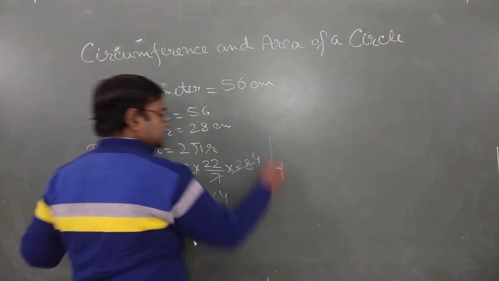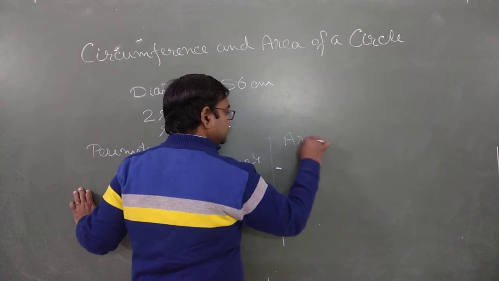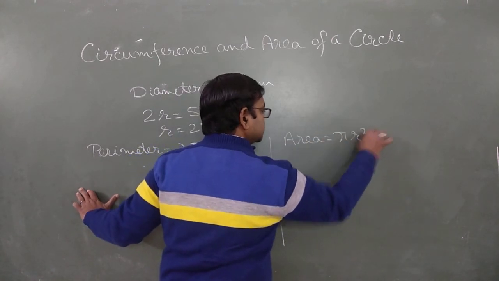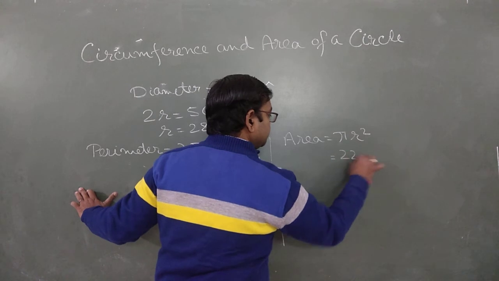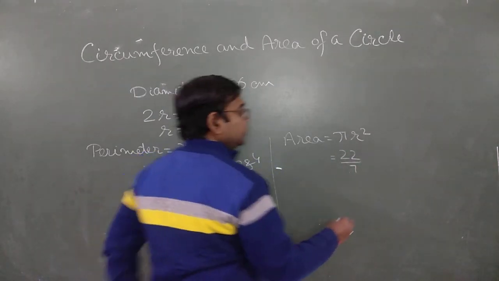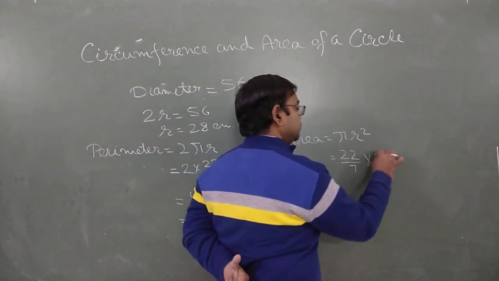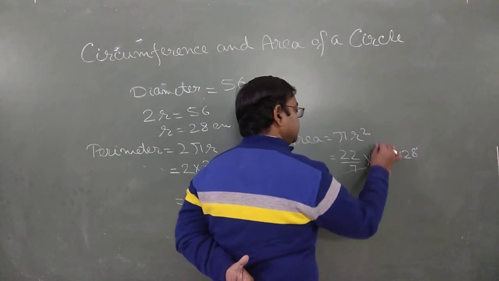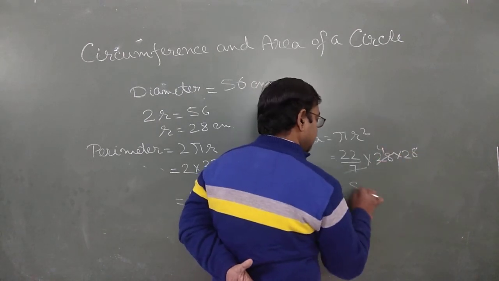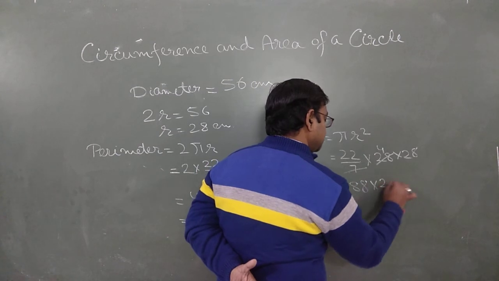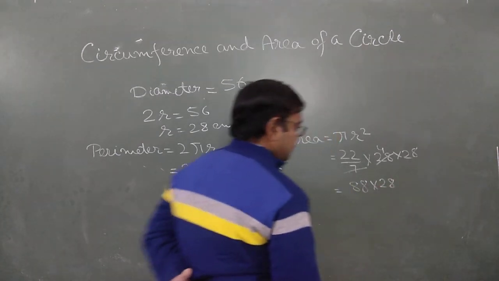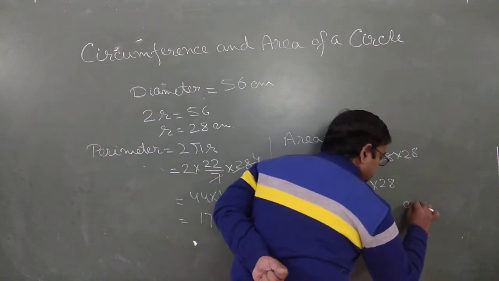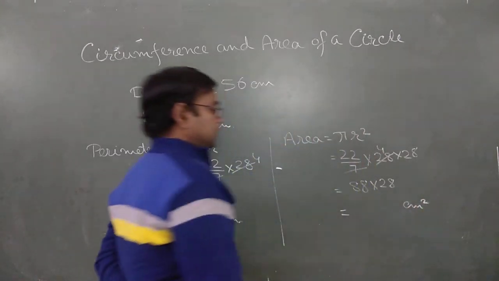Now area. We know it's pi r square. What is the value of pi? Pi is 22 upon 7, and r square is 28 into 28. So 7 4s are 28, it's 88 into 28. Whenever you solve it, you must write the answer in the proper unit, centimeter square.